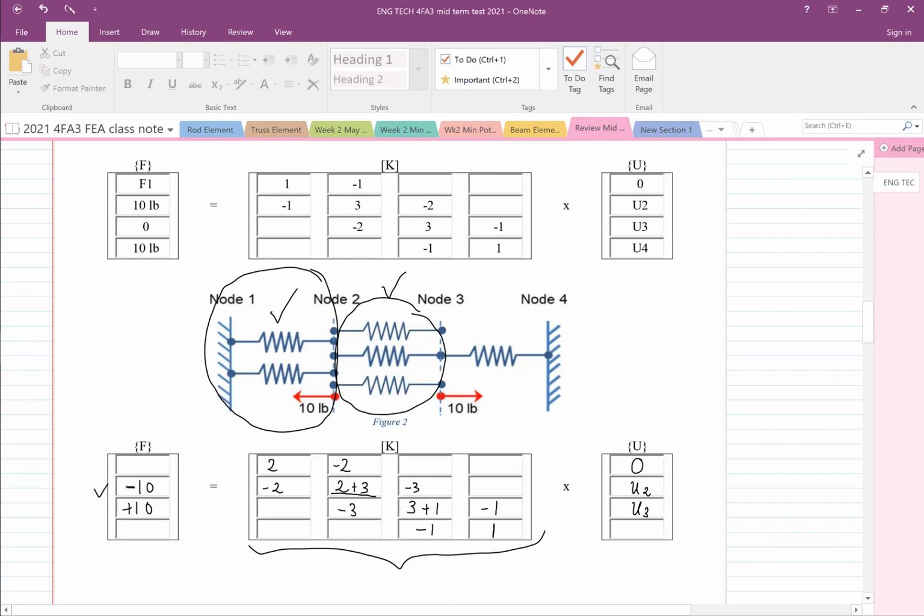If it's to the left, it's negative 10 pounds. And node 4 is tied totally. Because node 1 has 0 displacement, it's tied, so there is a reaction force acting on node 1. And because node 4 is tied in with 0 displacement, there is a reaction force on node 4 as well. With this, you get full marks for this figure 2.